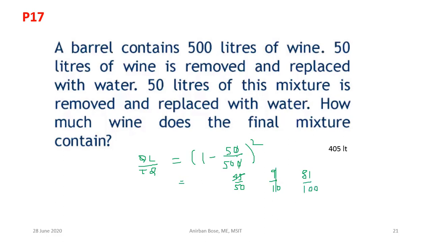The total quantity is 500. If you multiply it by 500, you get the quantity left, which is 405. So this is the answer.